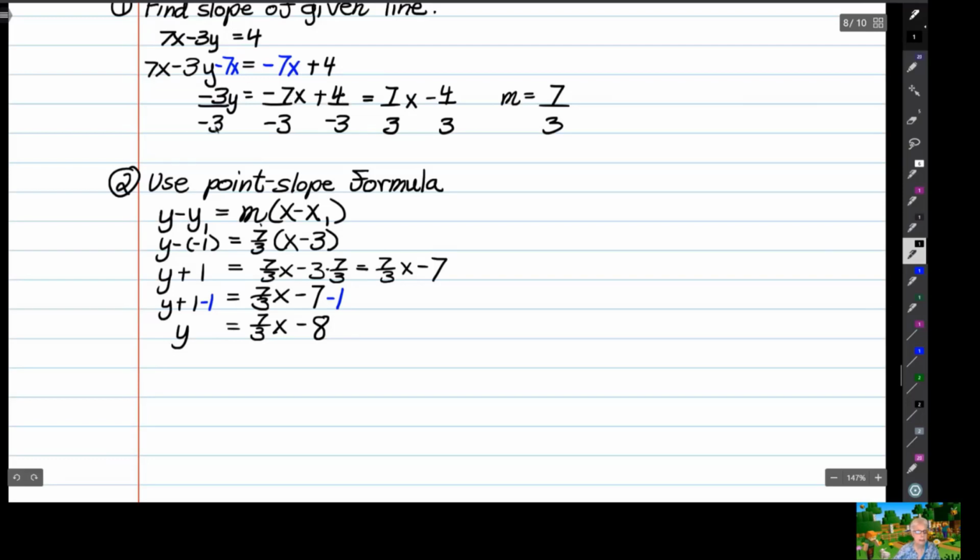Then I divide both sides by -3. -7 over -3 is 7/3, and +4 over -3 is -4/3. But again, we don't really care about that right now. We care about this, because we need it right here.